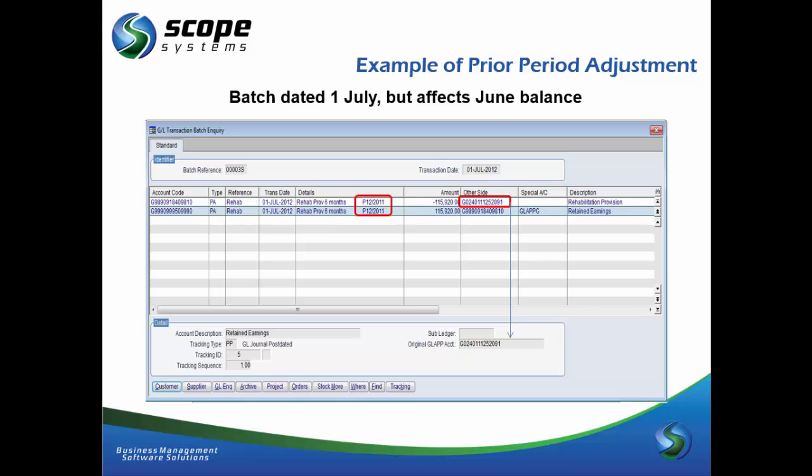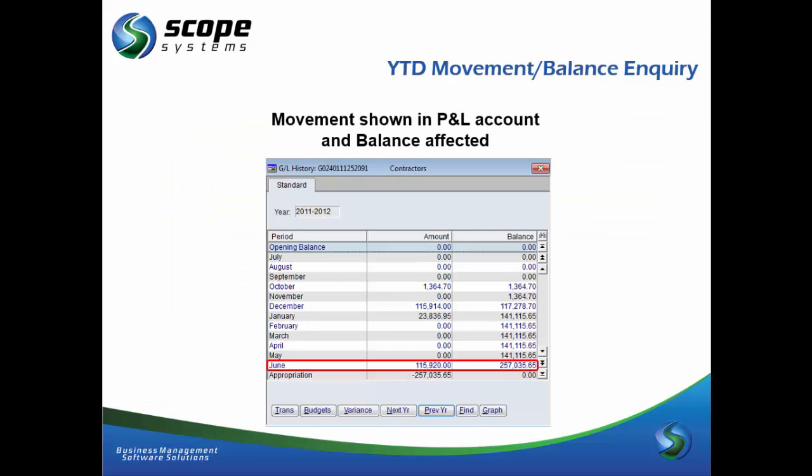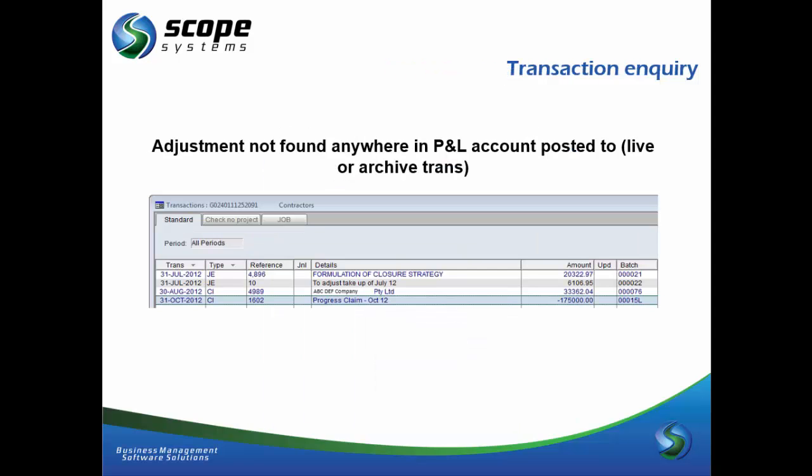So on the one side we have the balance sheet account, and the other side entry we have an expense account. And then retained earnings would be the balancing account. So the confusion at the P&L level is that the June balances are corrected, but if I look at my drill down feature in the P&L account, I can't see the movement, so that would cause the confusion.